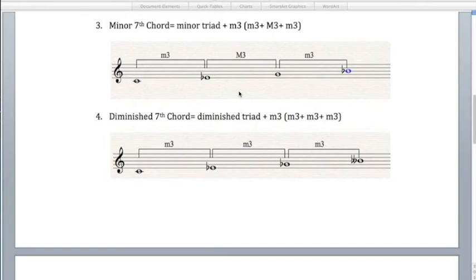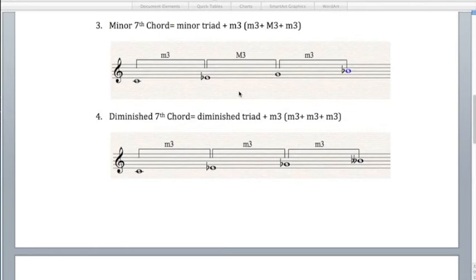First, we have a minor triad below. Then we have a minor third above the minor triad, plus a minor third. That's a minor seventh chord.